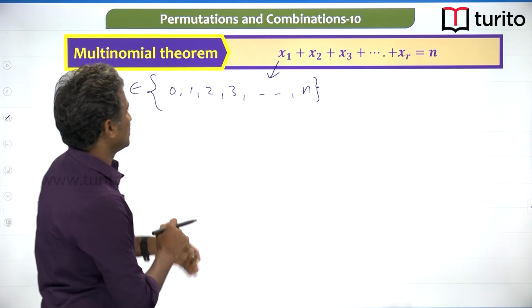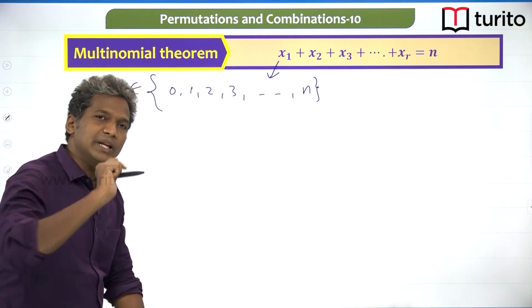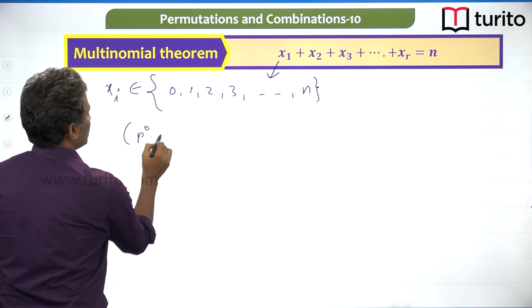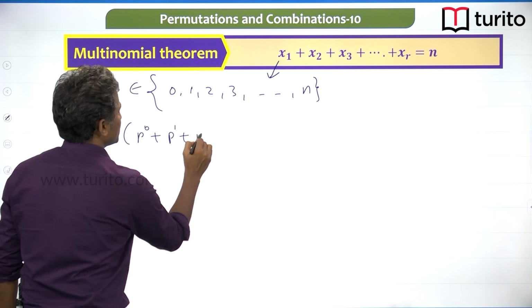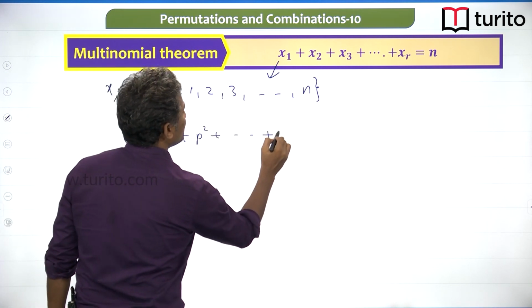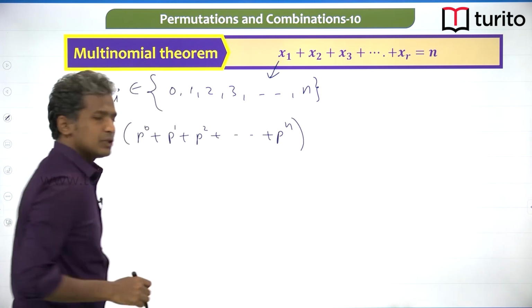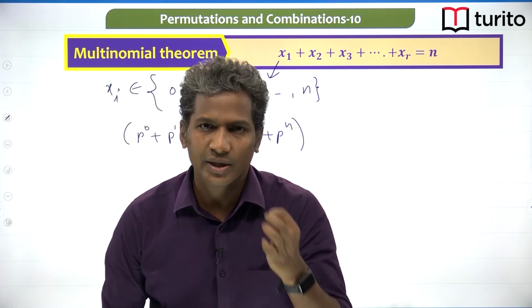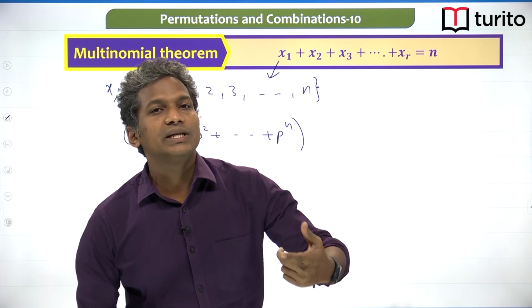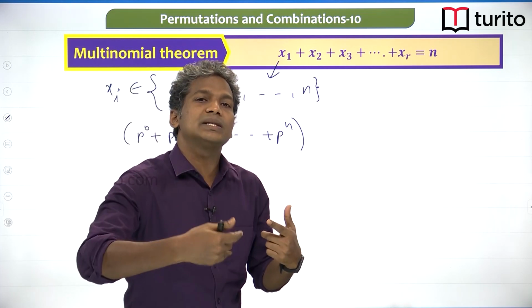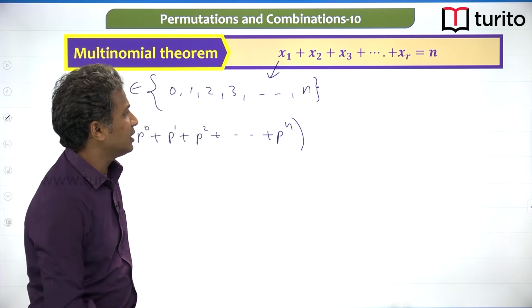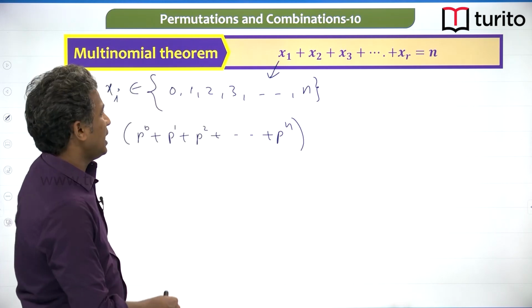So for x1 I will write a function like this: p raised to 0, p raised to 1, p raised to 2, until p raised to n. Here the power represents the value of x1 and the coefficient represents in how many ways that value will come. This way I have written one polynomial for x1.